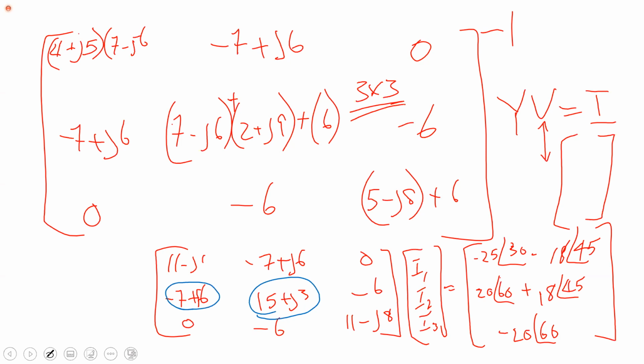So I wasn't asking you to use mesh and nodal to solve the problem. What I wanted to ensure is that you can form both the admittance matrix and the impedance matrix based on the two methods.